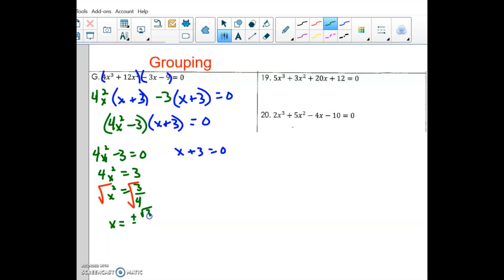Square root of 3 does not simplify. The square root of 4 is 2. So that's 2 of our 3 answers. And our last answer is just going to be x equals negative 3, which gives us our total of 3 answers to match this degree.